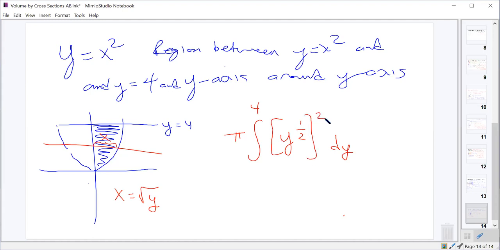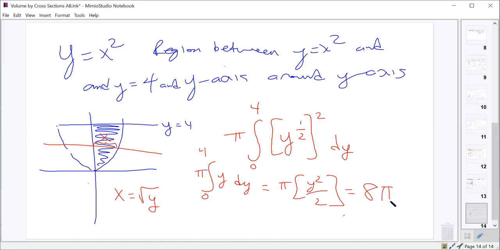Pi times the radius squared. Integral of y dy from 0 to 4. That's even easier. y squared over 2 gives us what? 16 over 2 is 8. So 8 pi. How's that? Thank you for correcting that stupid mistake.